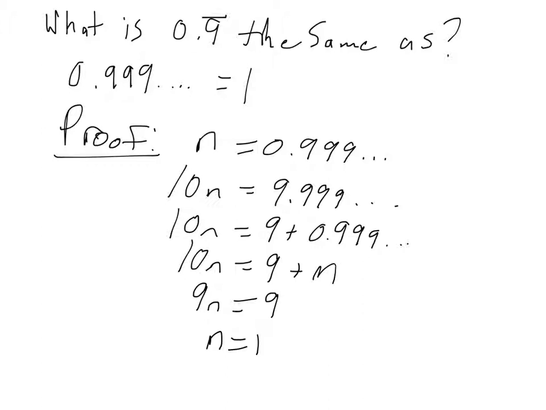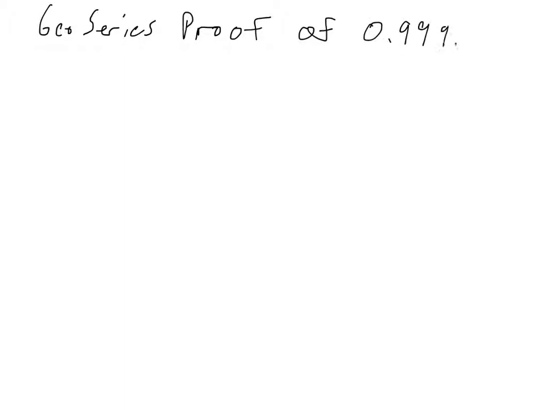That's an algebraic proof. But the cool part is that there's a bunch of different ways to prove that, and one of the ways is using an infinite geometric series. So let's take a look at that. The geometric series proof of the fact that 0.999... is equal to 1.